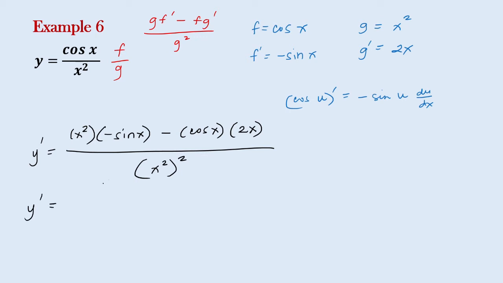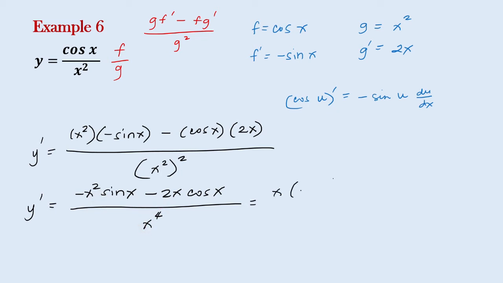To simplify, x squared times negative sine x is negative x squared sine x. Negative cosine x times 2x would be negative 2x cosine x over x raised to 4. As we can see here, x is a common factor, so we can factor out x.